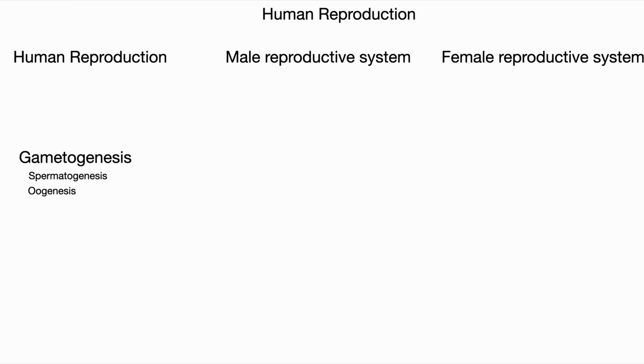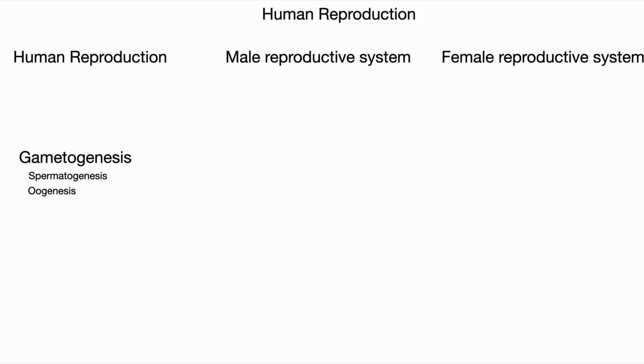We know that spermatogenesis starts at the age of puberty. What actually is happening during puberty? At puberty, the hypothalamus gets activated. There is a release of one hormone called gonadotropin releasing hormone, which is GnRH. This is released from the hypothalamus in the brain.